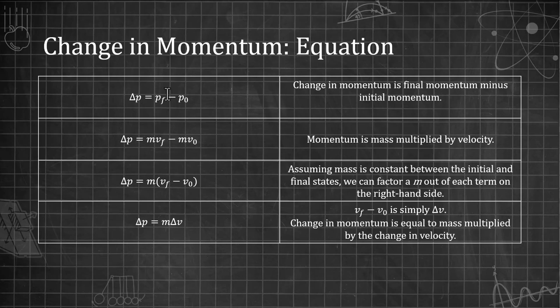So if we want to expand this equation to have, instead of P final and P initial, mass times final velocity minus mass times initial velocity. So bringing that down, we see that we have a mass in both terms we can factor out. So what we really get here is that the change in momentum, providing the mass is constant, is going to be the mass of the object multiplied by the change in velocity of that object. And this is going to be one of the first equations that we start with when we derive our impulse momentum theorem.